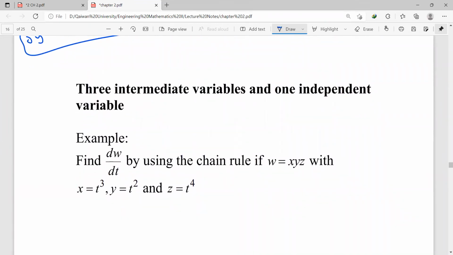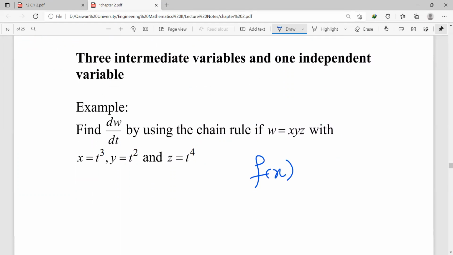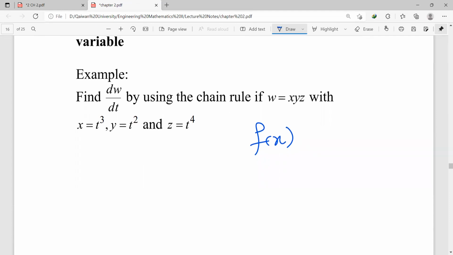And if you have three intermediate variables and only one independent variable, that means it's not partial derivative, it's only differentiation. And we don't denote it by partial, we denote it by d. Okay? If you have f of x, when we find the derivative of this function, we say df by dx.